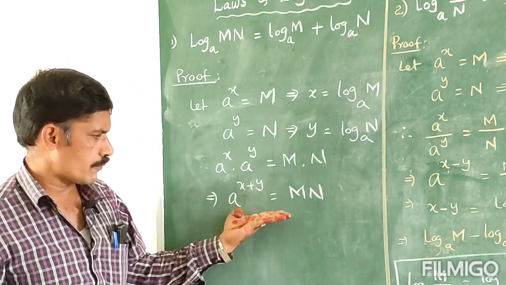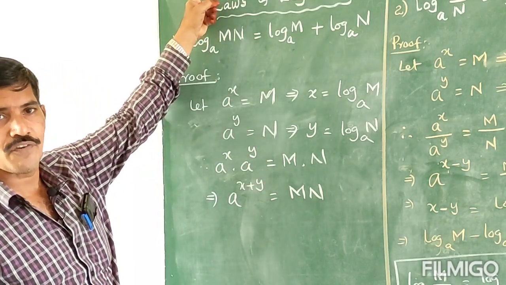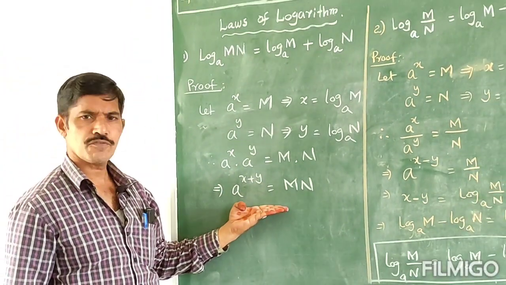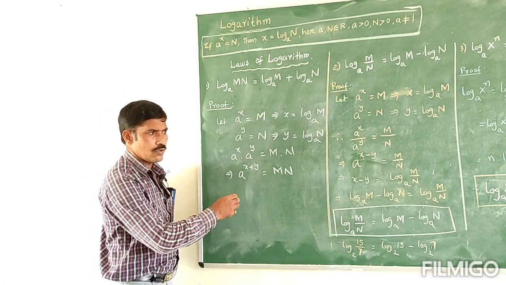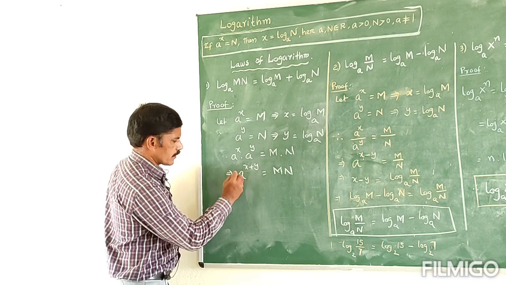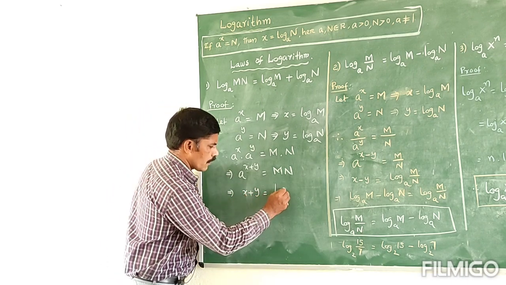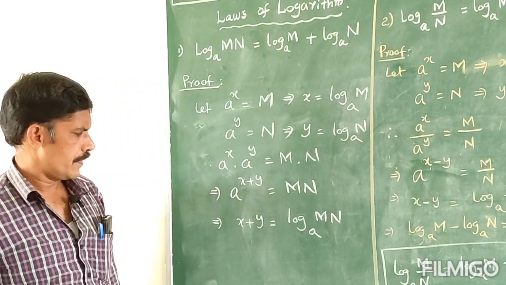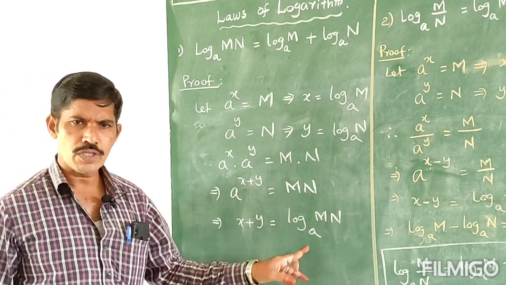Now observe this one. This is in the form of our definition, a power x is equal to n. Here, a power x plus y is equal to mn. What is the exponent here? x plus y. So change it into a logarithm, and you will get x plus y is equal to logarithm of mn to the base a.